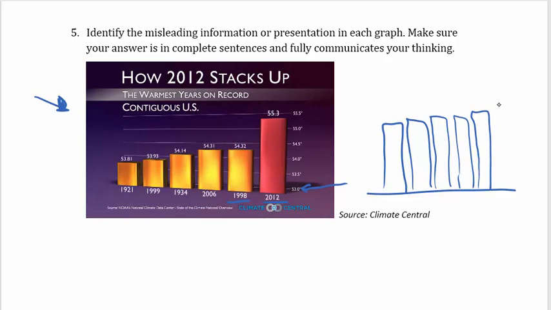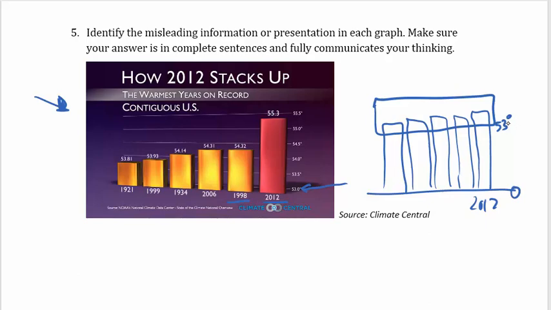This would be the 2012 year right here. If we started at 0 down here, the difference would be minuscule, very minor. But if you take the graph and just cut off the tippy top of it and don't start at 0, in this case they're starting at 53 degrees, it makes these differences between the temperatures look drastically different than they actually are.